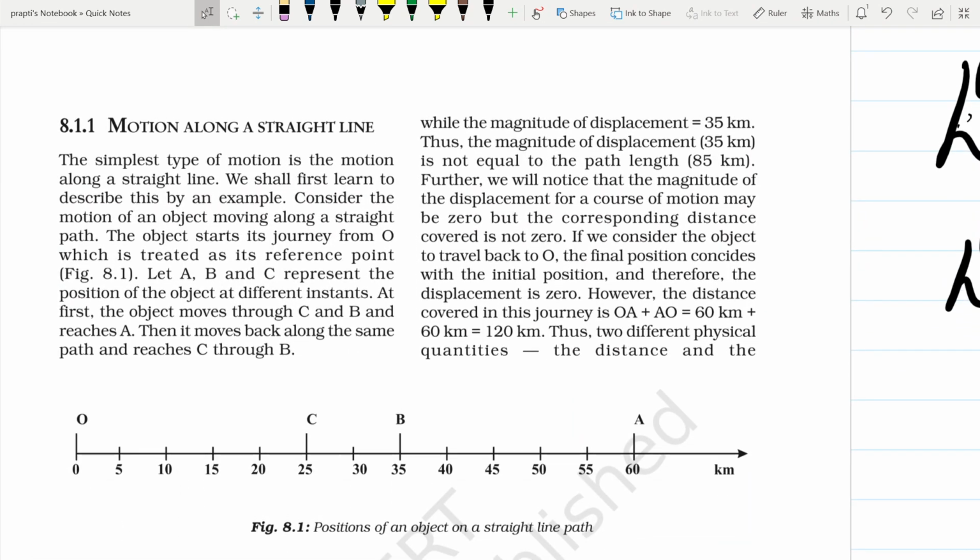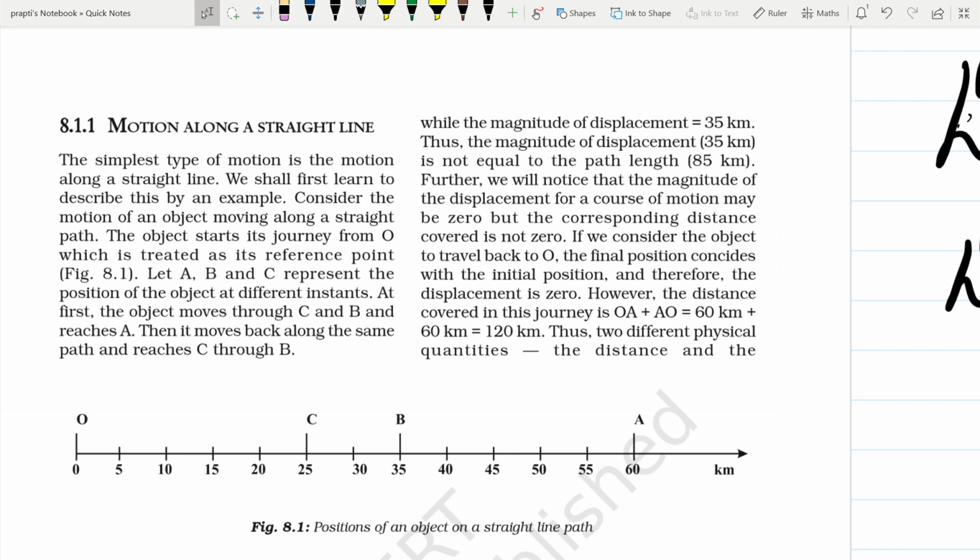The simplest type of motion is the motion along a straight line. We shall first learn to describe this by an example. Consider the motion of an object moving along a straight path. The object starts its journey from point O, which is treated as the reference point.